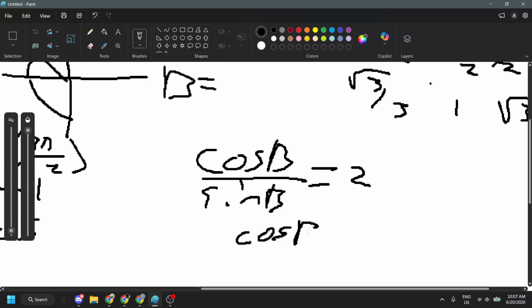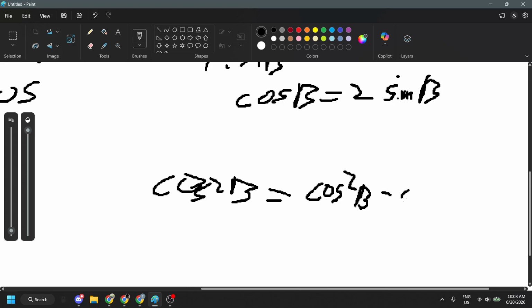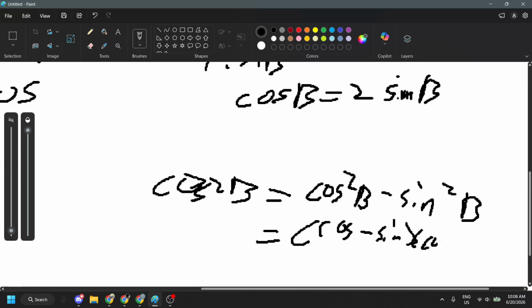So cosine of B is equal to 2 sine B. So cosine of 2B is equal to cosine squared B minus sine squared B, which is also equal to cosine minus sine, times cosine plus sine.